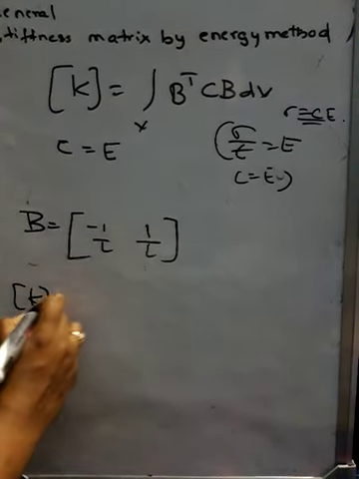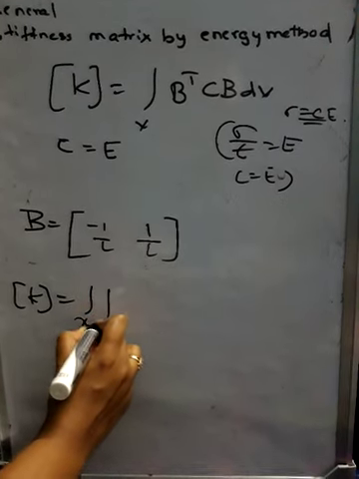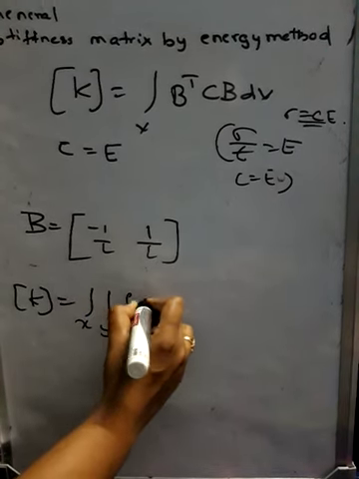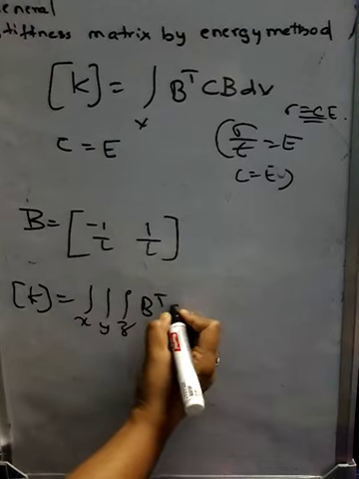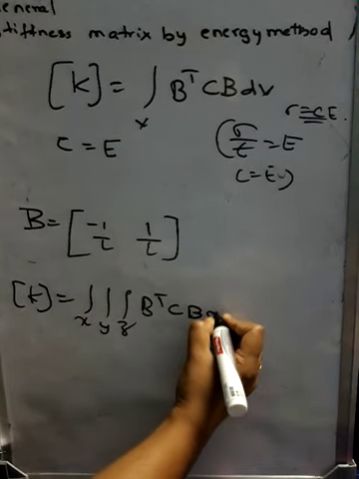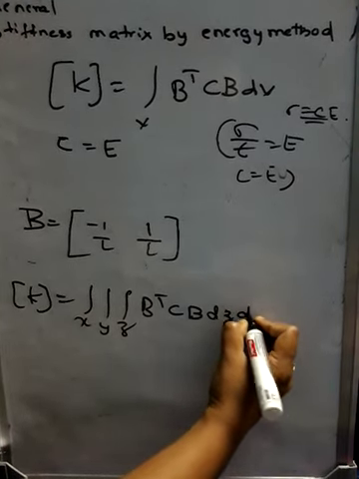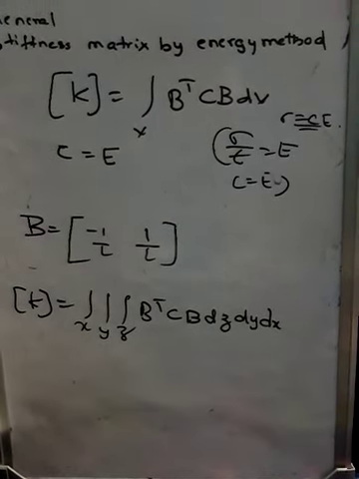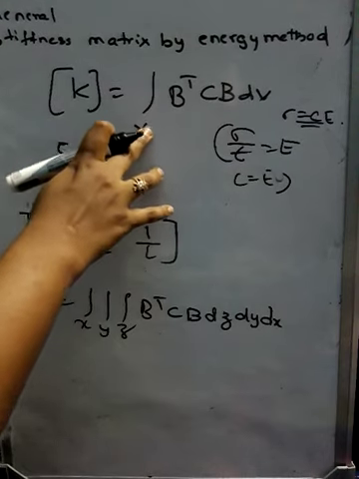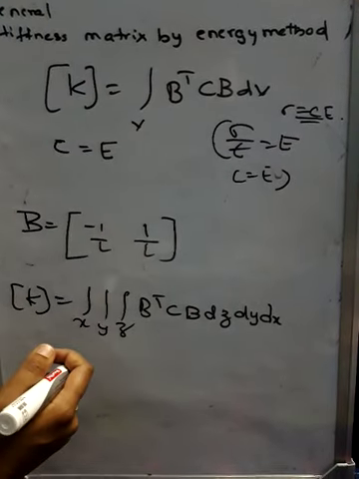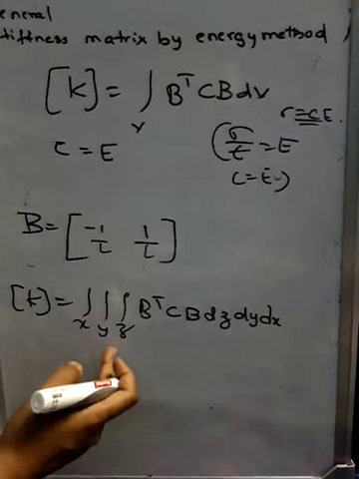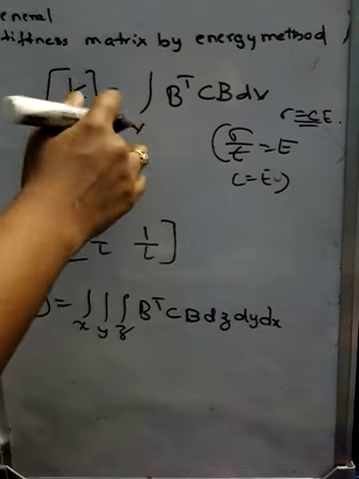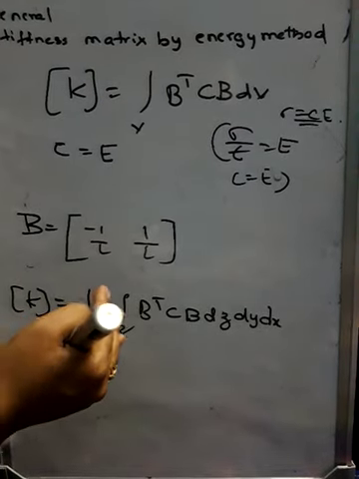So I would be writing integration of x, integration of y, integration of z, B transpose C into B into dz, dy and dx. Now if you see this one, you can understand volume is in the three directions, that is x, y and z. That's why I have just split this thing into x, y and z.